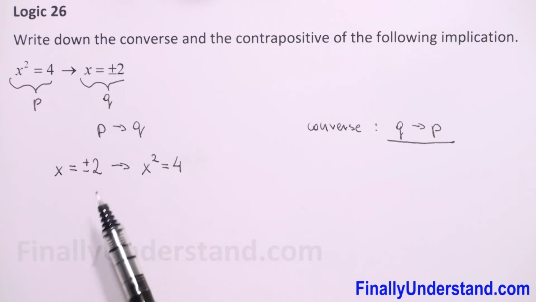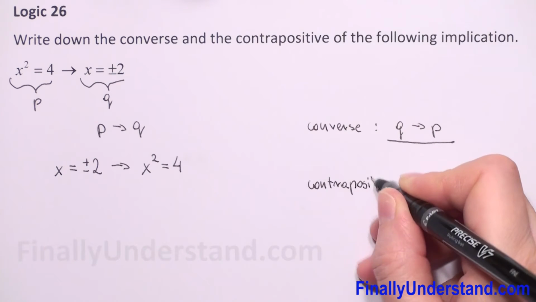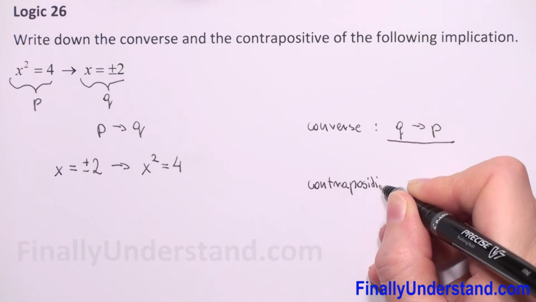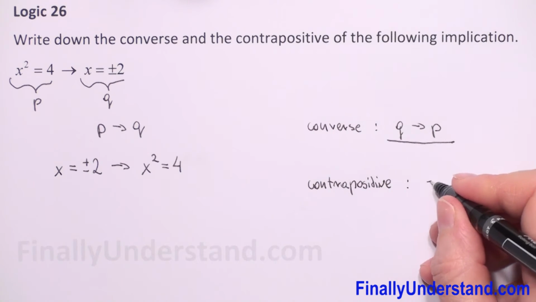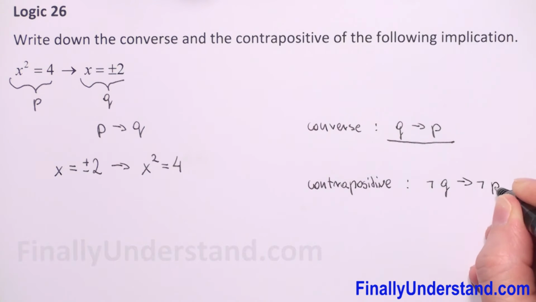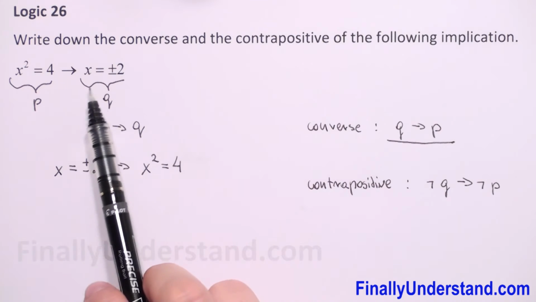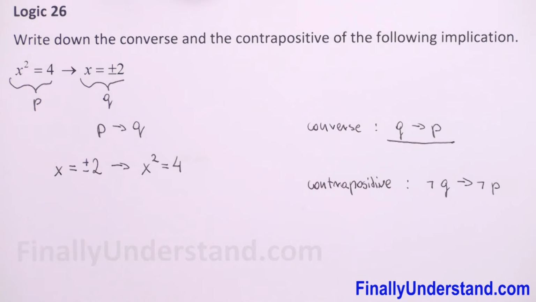We have p implies q. The contrapositive is not q implies not p. So we will have to negate our q statement and negate our p statement.